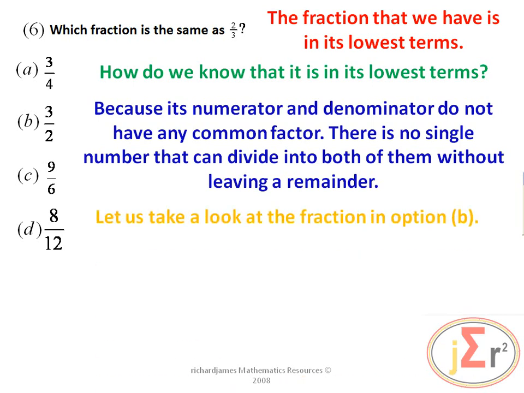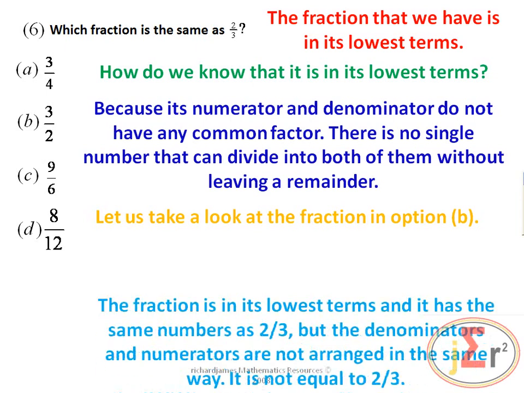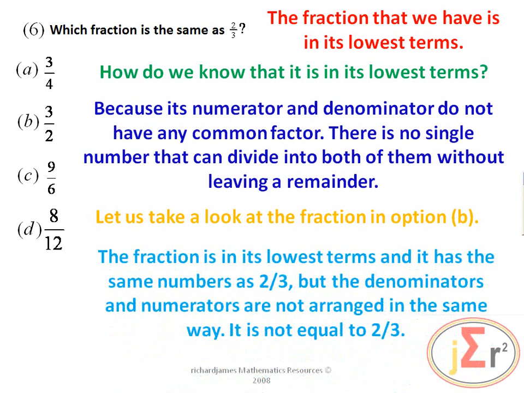So let us take a look at the fraction in option B. What about the fraction that we have in option B? What do we say about it? The fraction is in its lowest terms and it has the same numbers as 2/3. So we have a 2 and a 3. But it is not equal to 2/3.